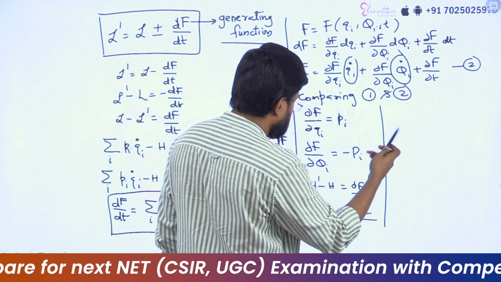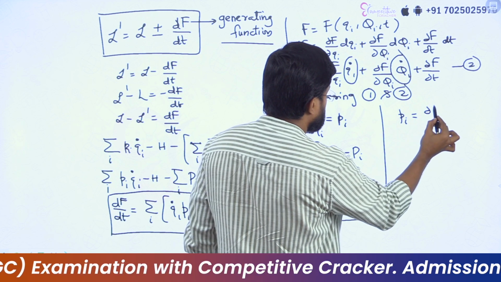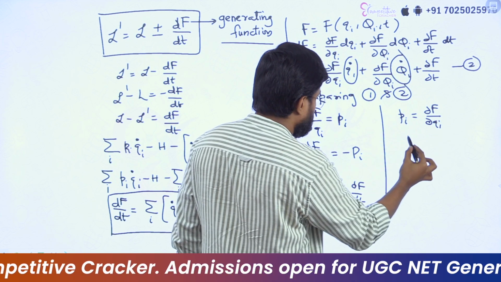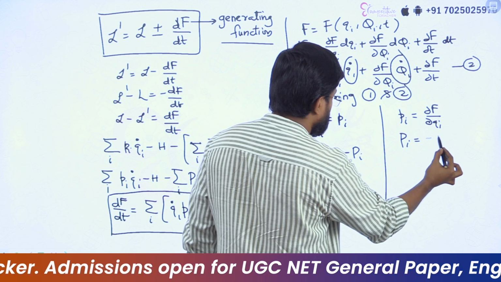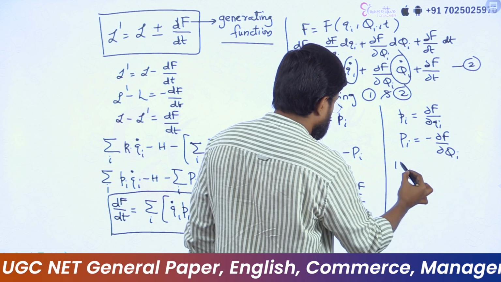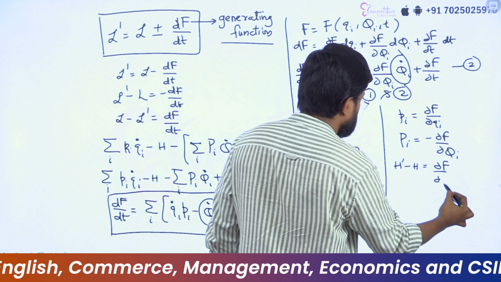So you can write in a refined form pi equals dou F by dou qi, and capital Pi equals minus dou F by dou capital Qi, and H prime minus H is equal to dou F by dou t.